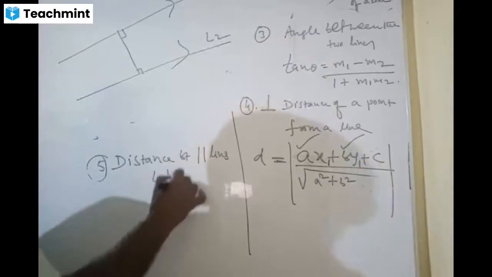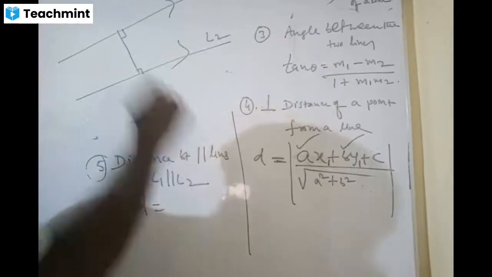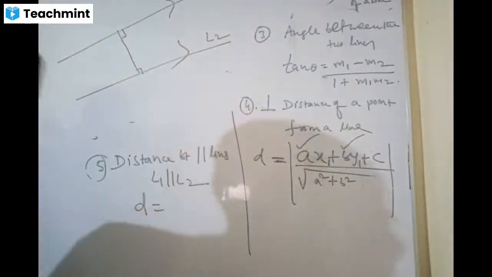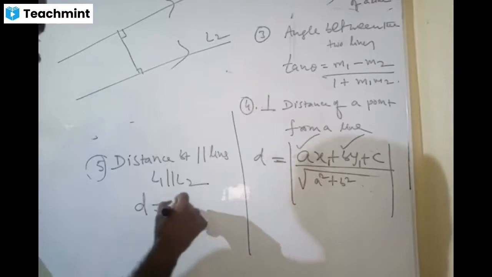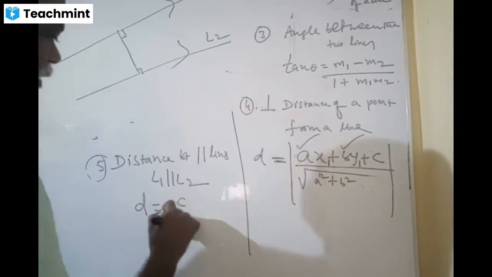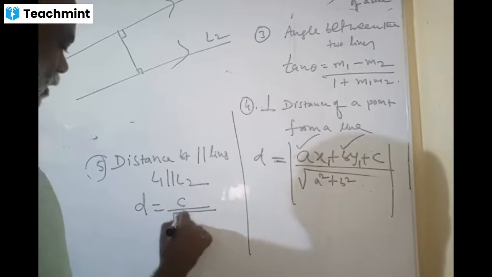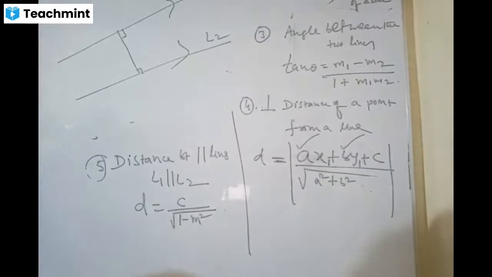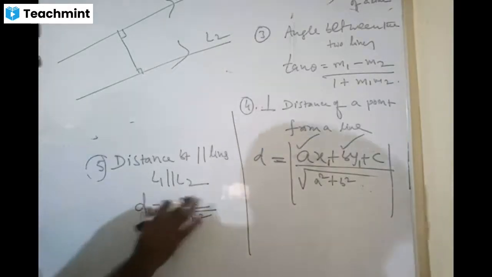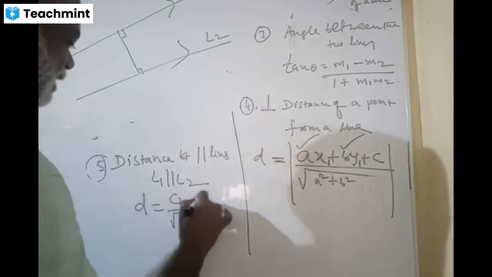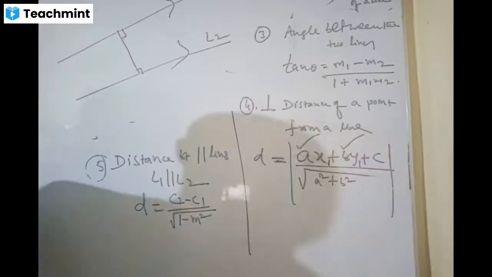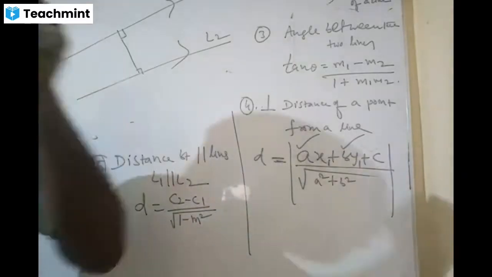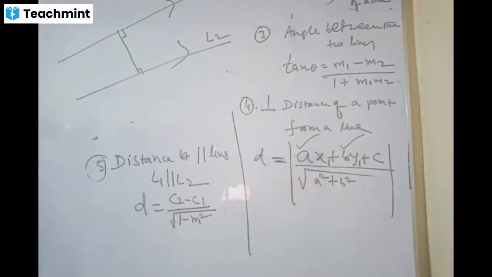If L1 is parallel to L2, the distance D equals, we are going to derive one more formula, C2 minus C1 by root of 1 minus m square. Let me check that.